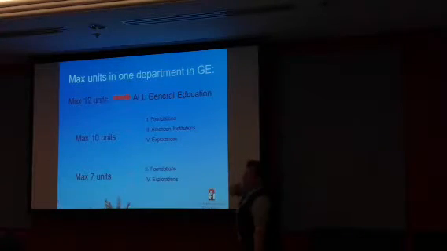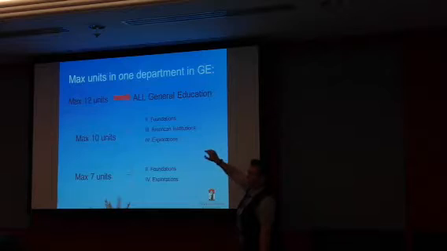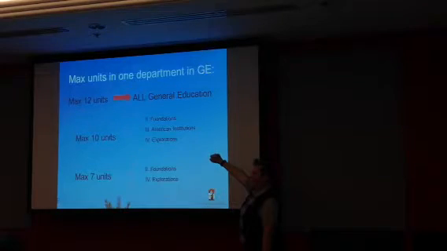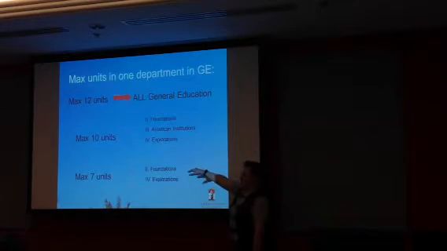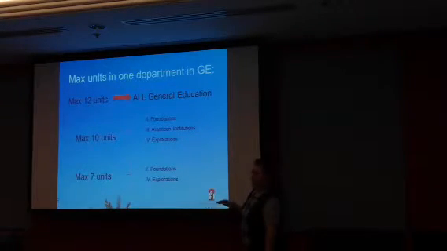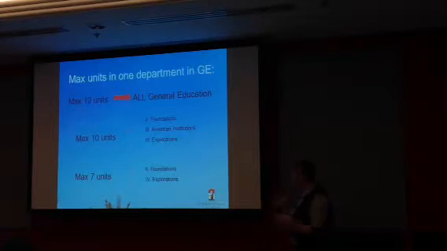So we know to go to the 10 unit max rule, because American institutions is involved, right? Does that make sense? And then the geography, we stayed in the foundations, because all of those major prep courses also meant GE, but we maxed the 7 units.